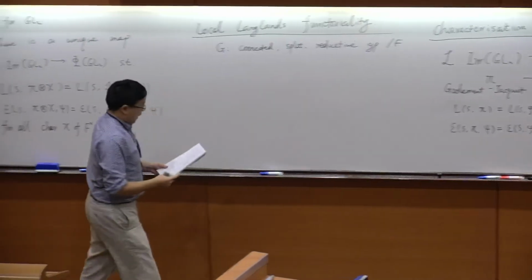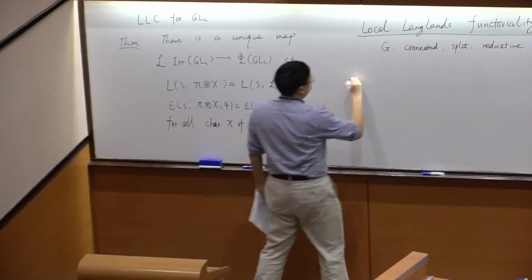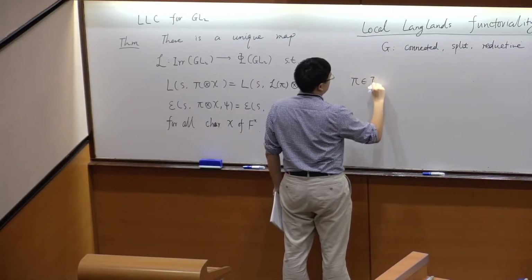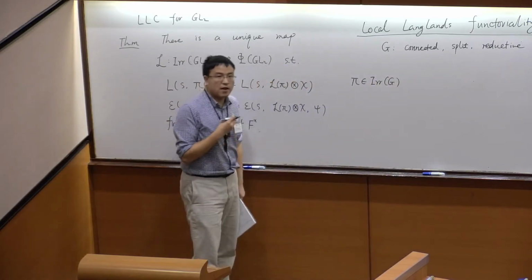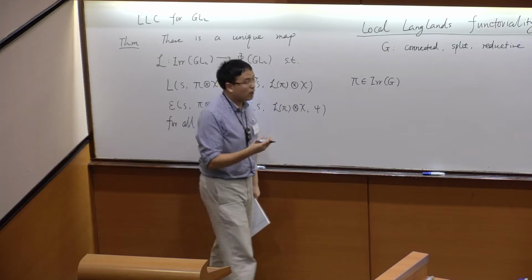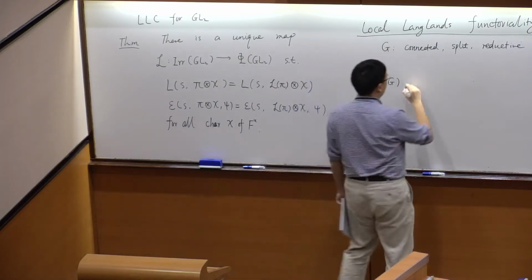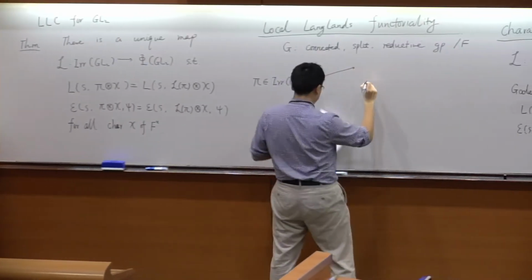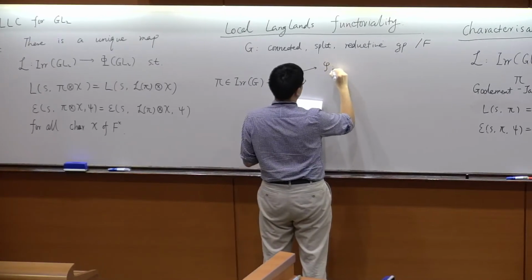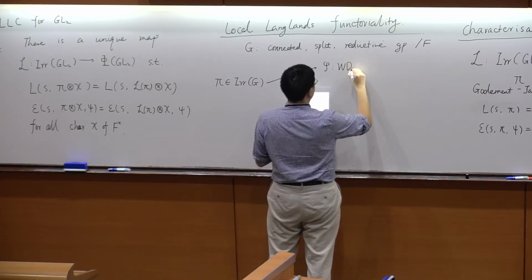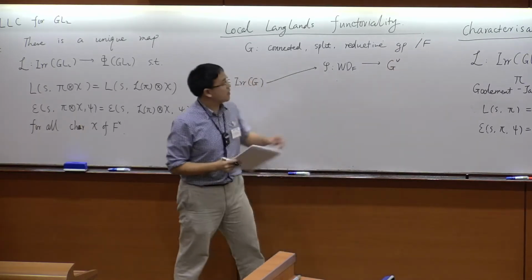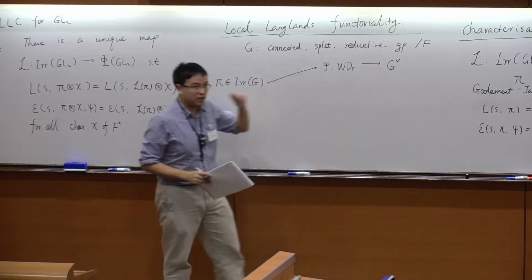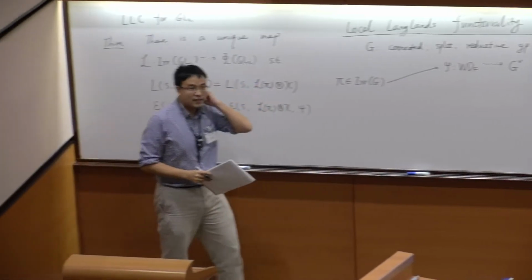In this case, we start from the irreducible representations of G. The local Langlands tells us this gives a finite-to-one map to the L-parameters. Since this is a split case, I only consider the complex dual group and ignore the Galois action.